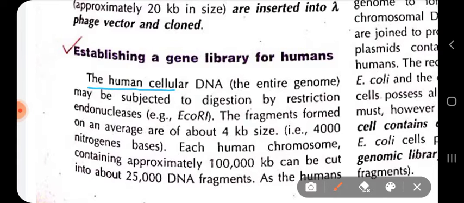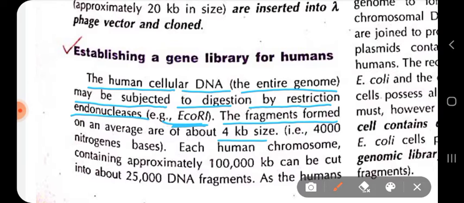So human cellular DNA, which is the entire genome, may be subjected to digestion by a restriction endonuclease like EcoR1. Say, for example, we digest it with EcoR1, and we get a series of fragments averaging about 4 kb in size.